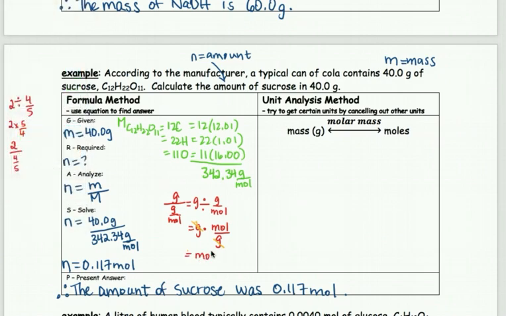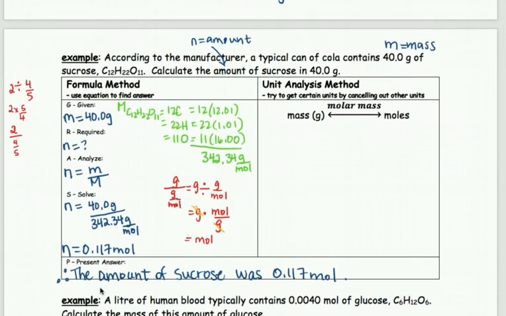So here's a way for you to understand why grams divided by grams per mole becomes just moles. That's what's happening with those units. Again, I'm not going to test you on that, but if you were curious, it might make better sense when you're going through the unit analysis method. But for now, we're going to keep going with the formulas here. All right, let's go to the next one.